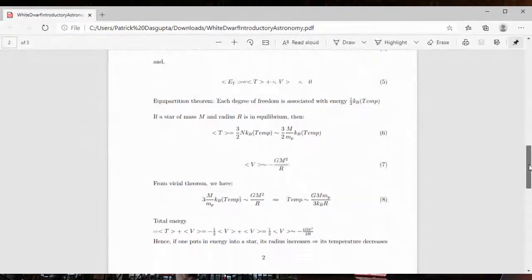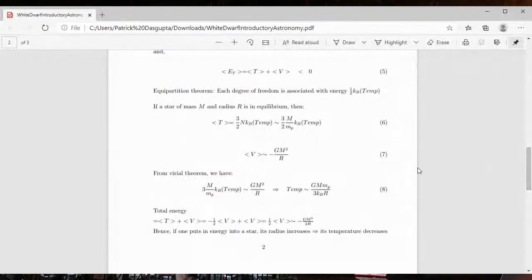What about total energy? We can also calculate the total energy coming out of this result. Time average total energy is time average total kinetic energy plus time average total potential energy. But by virtue of the virial theorem, we know that time average kinetic energy is minus half time average potential energy.